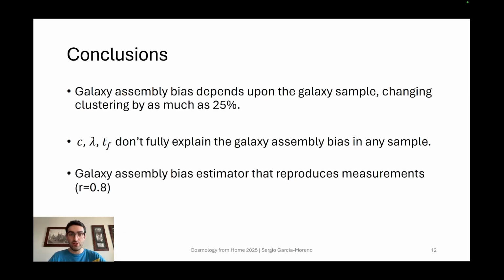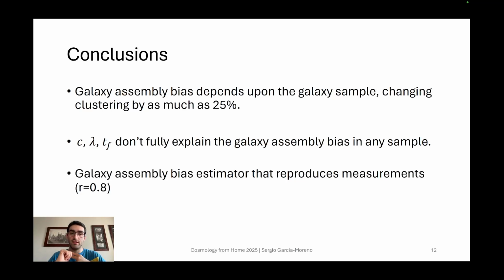To summarize this talk, we have seen that galaxy assembly bias strongly depends upon the number density, redshift, and sample criteria of the galaxy sample we are looking at, capable of changing galaxy clustering by as much as 25%.